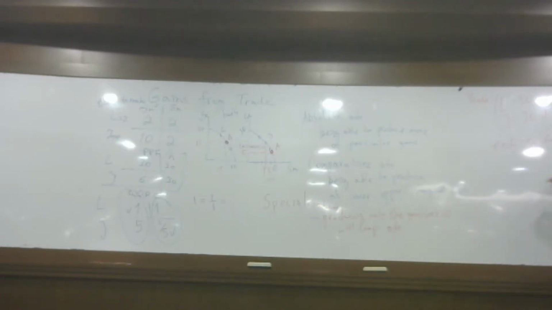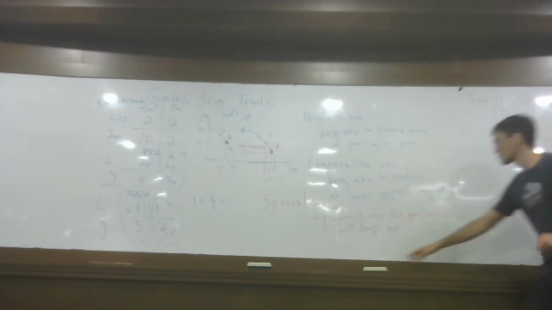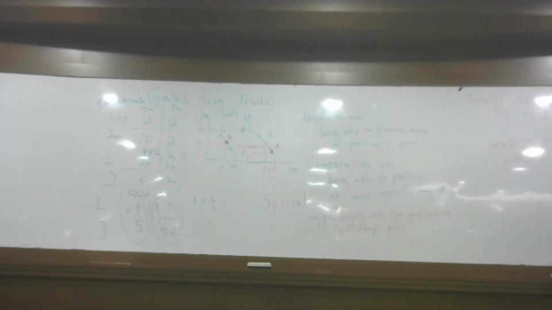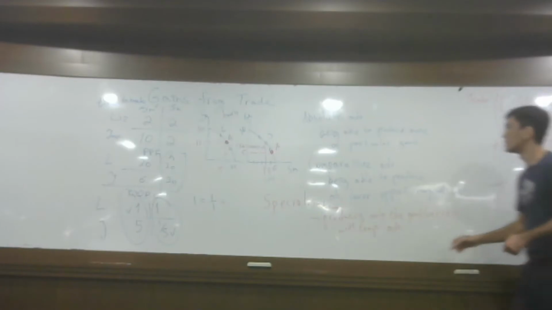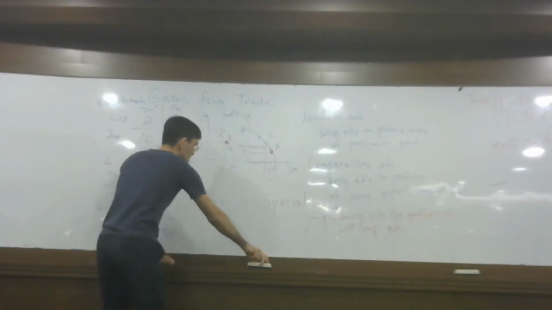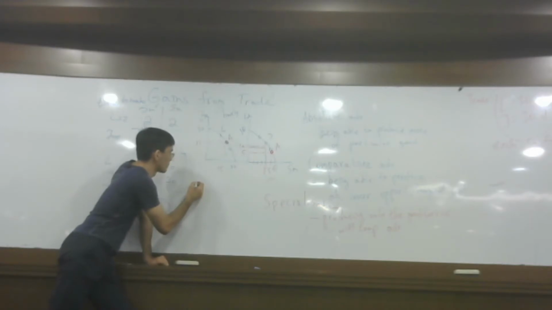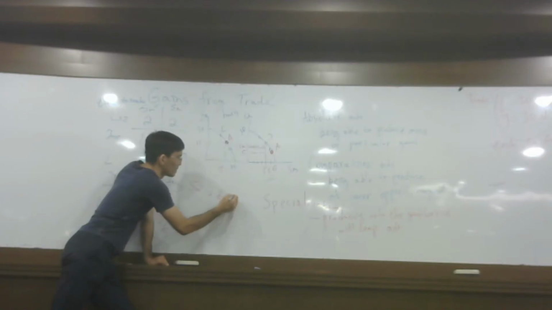But notice that the exchange rate... okay, let me be more clear. So then they will exchange, and the exchange rate of smoothies for salads is going to be between 1 salad per smoothie up to 5 salads per smoothie.